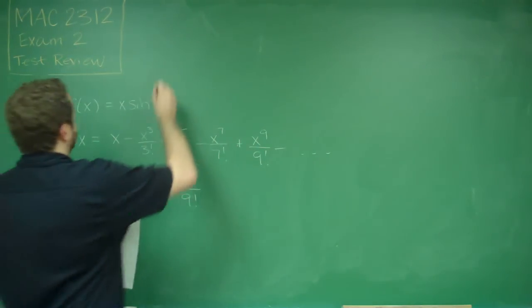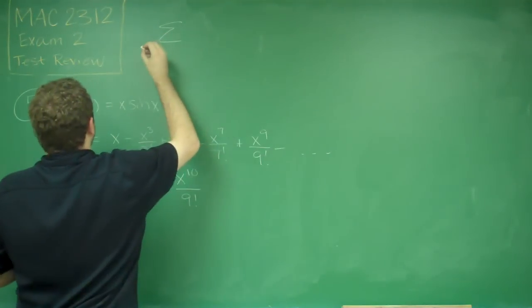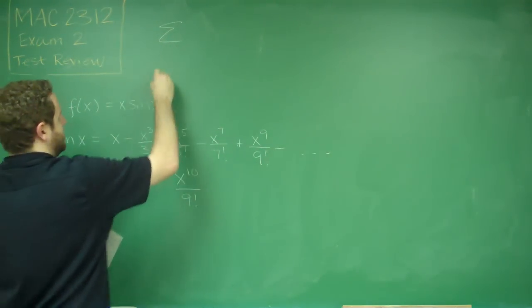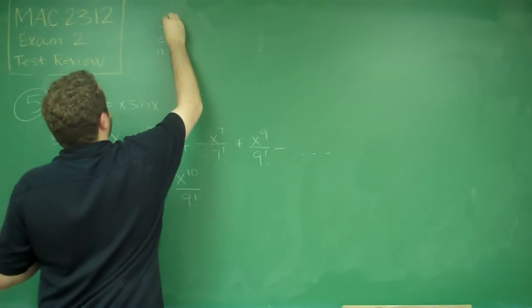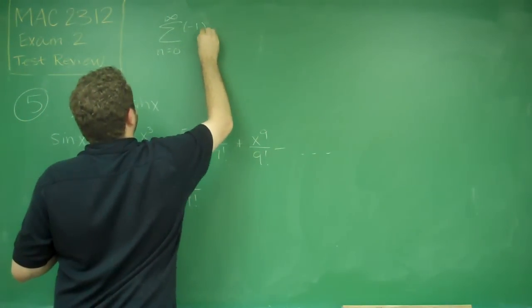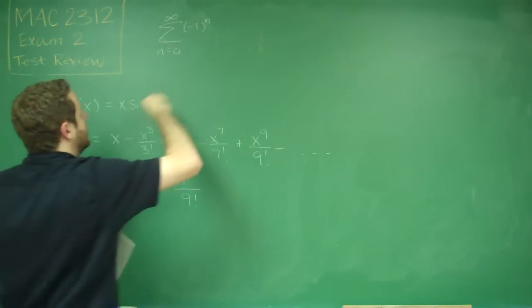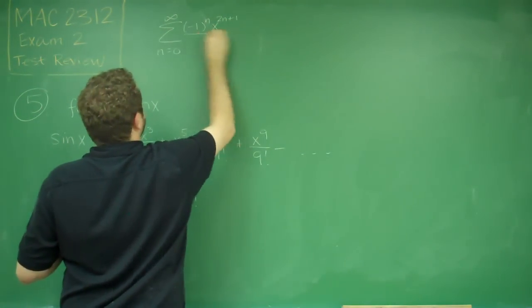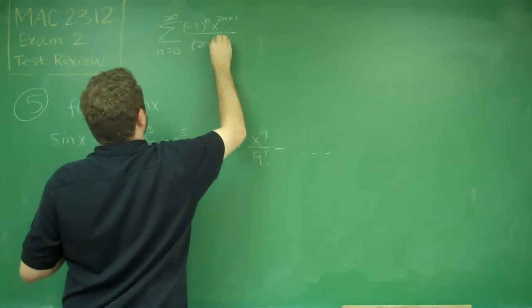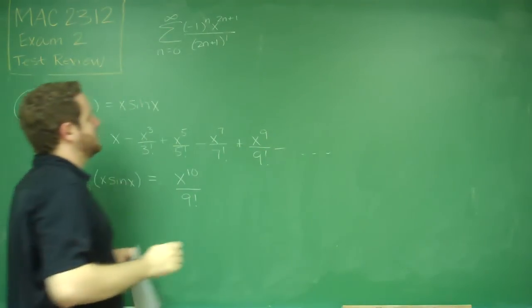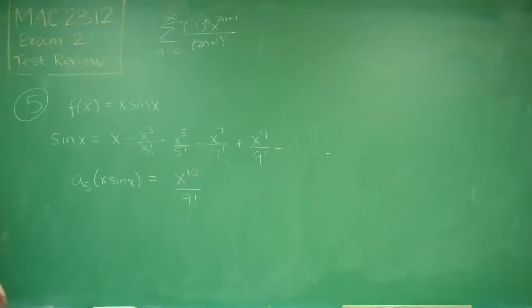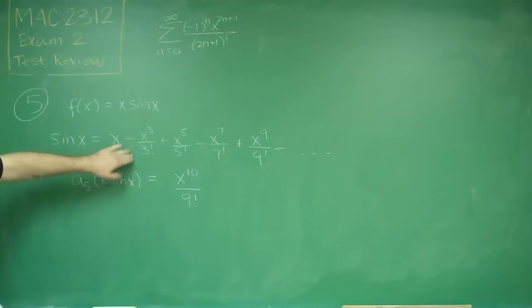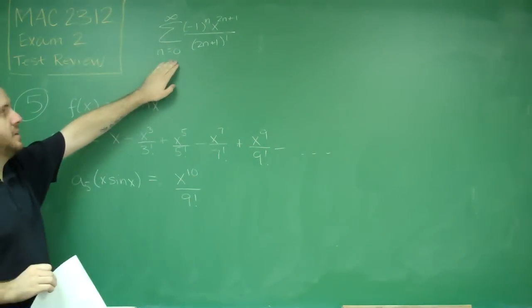So let me just show you how that would have worked real quick. Remember that sine x is this, but in the series notation, it looks like the following. We have negative 1 to the n, x to the 2n plus 1 over 2n plus 1 factorial. So that's our series representation for sine. The one thing you've got to be careful about is that the first term is when n equals 0.